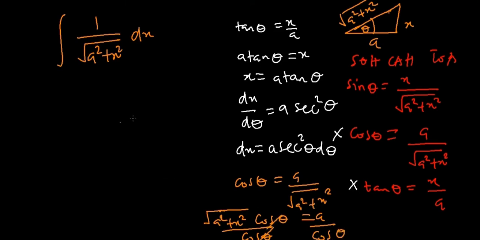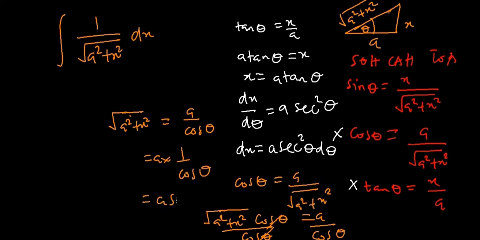So let me write what I have now. The square root of a squared plus x squared is equal to a over cosine of theta. But I know this can be written as a times 1 over cosine of theta, and this will be equal to a sec theta, because 1 over cosine of theta equals sec theta.